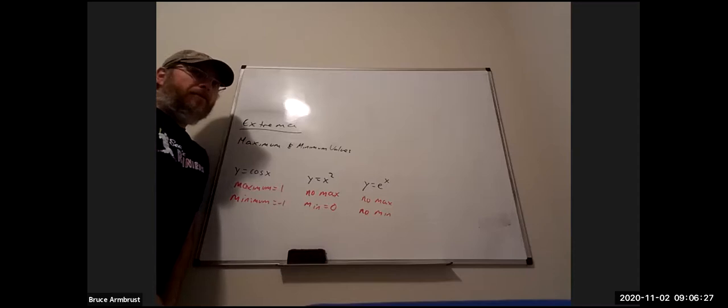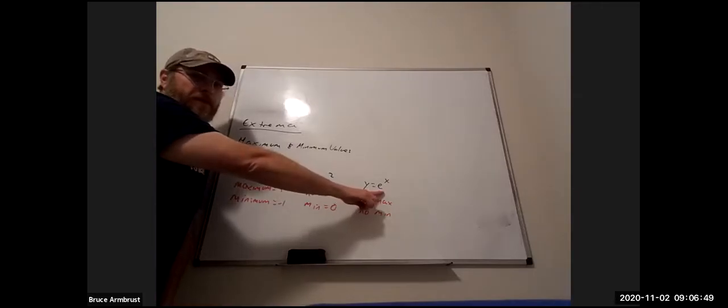What number could you see people might think is the minimum value for e to the x? Think about its graph as you go towards negative infinity. What happens to these numbers when we put in really, really big negatives?